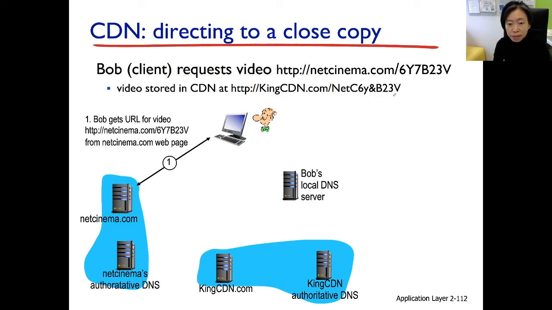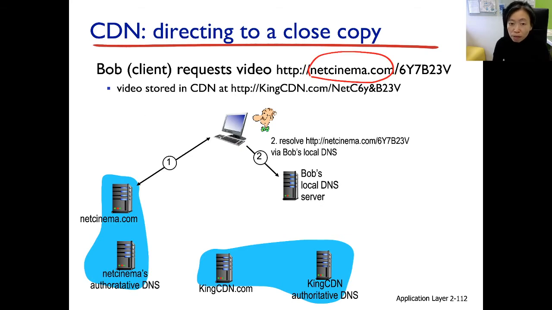But what happens here is, Bob's browser sees this is the host to contact. So first things first, ask the local DNS server for the IP address of this host. Right? So resolve this host. Bob's local DNS server will check cache. If not a hit, go to the TLD server.